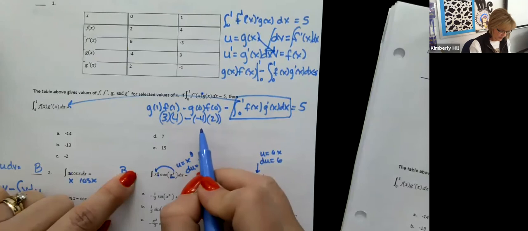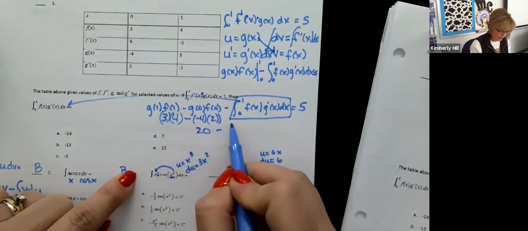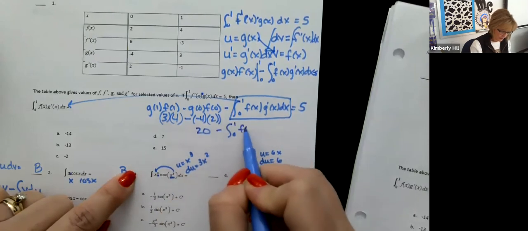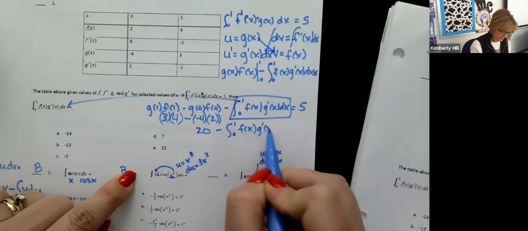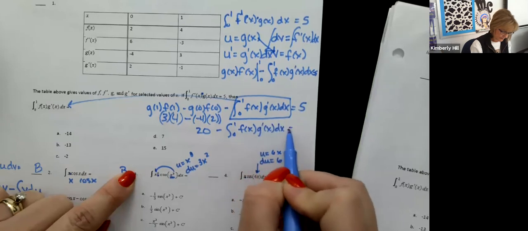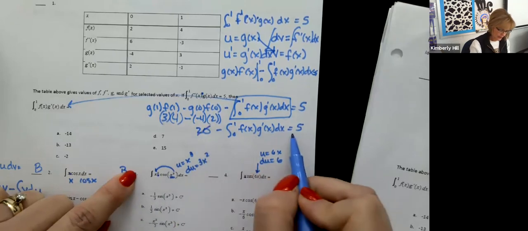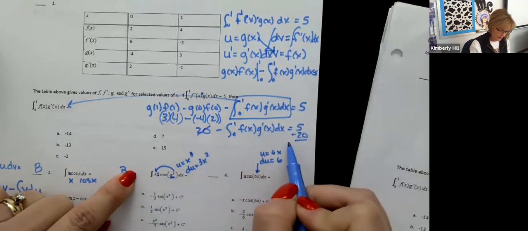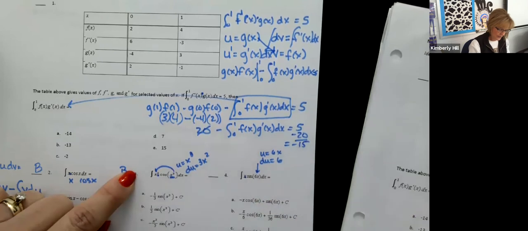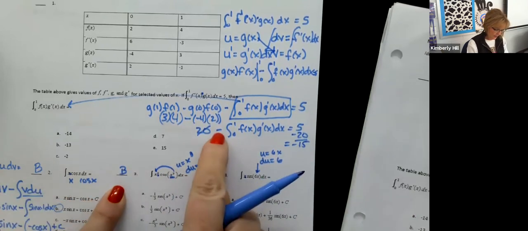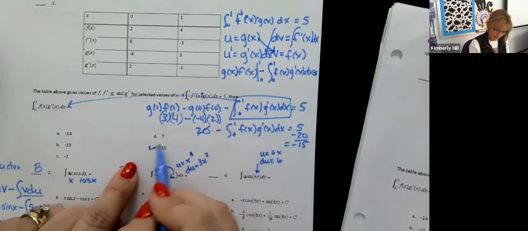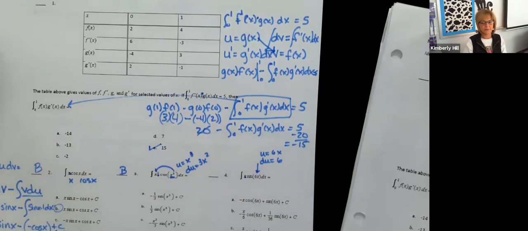So this becomes 20. 20 minus my integral equals 5, so I could subtract 20. It's equal to negative 15. But since it's negative, when you divide off your negative, it becomes positive 15.